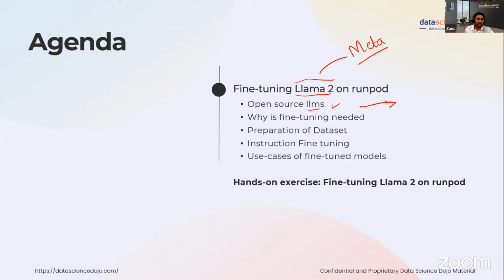Then we'll jump into why fine-tuning is needed. Why do we really need to do fine-tuning? Another question companies ask is whether fine-tuning is required for their use case. Maybe there are data protection problems or compliance issues, so the company wants to shift, because we all know that OpenAI has access to the data.